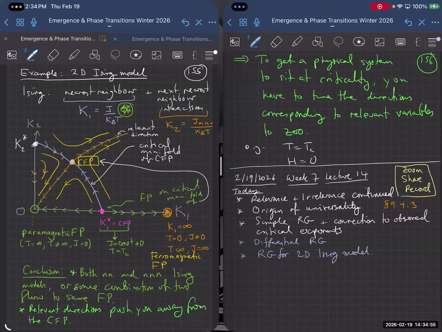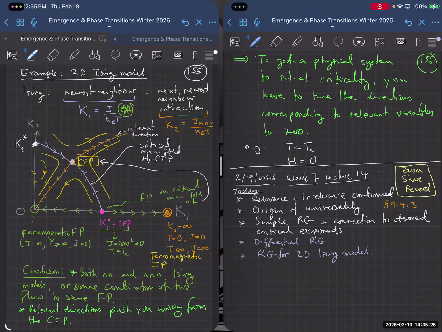And therefore, that means the system is very, very strongly ferromagnetic. So that fixed point tells you about the ferromagnetic phase. And every point with K greater than the critical K1 star flows to that fixed point. Since K1 star is J over kT, having K greater than that means that T is less than TC. And so every system with T less than TC will flow towards the same fixed point, which describes the ferromagnetic phase.